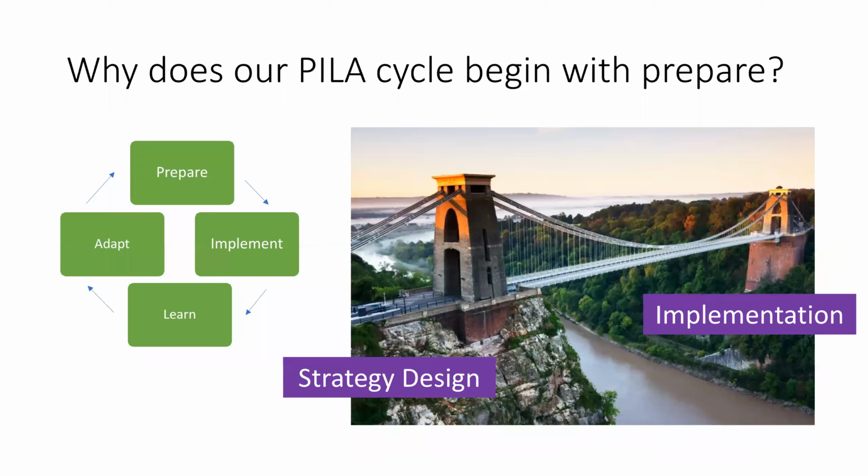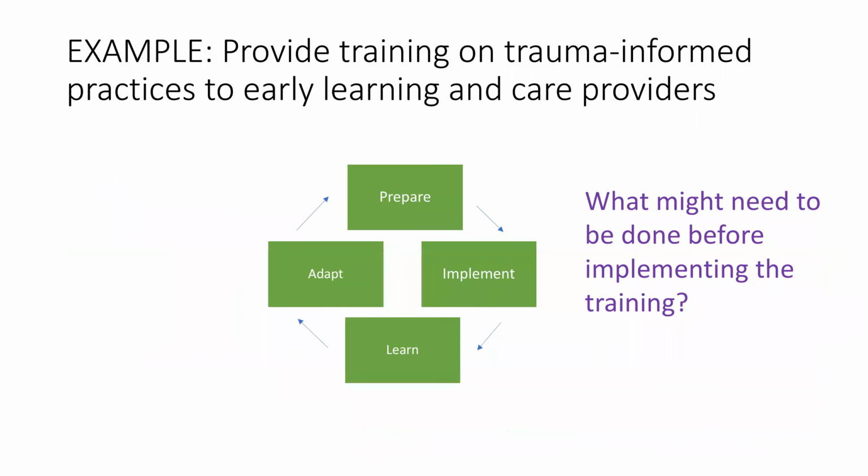So let's walk through a strategy example and see how the prepare phase can help us think about early implementation actions. All right, so we're going to continue to stay with the same example around providing training on trauma-informed practices to early learning and care providers. So what might need to be done before you could implement the training that is being referenced in this strategy example?